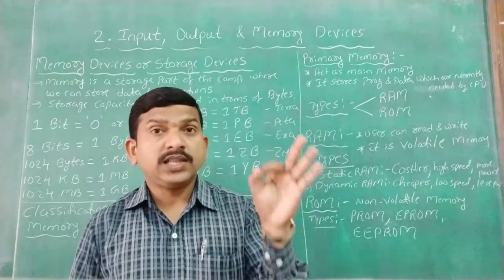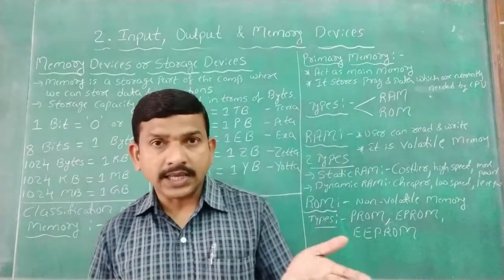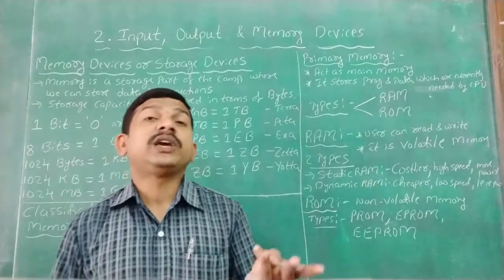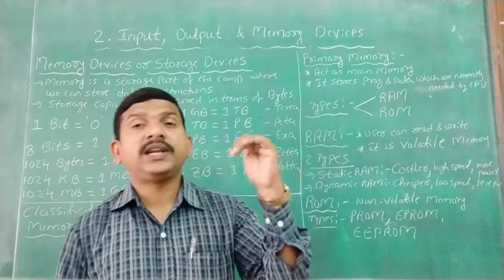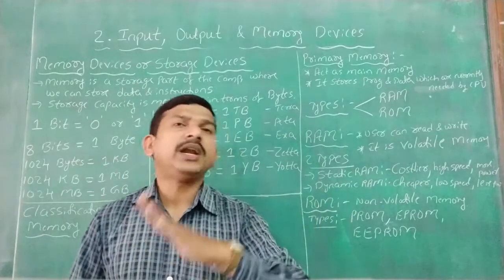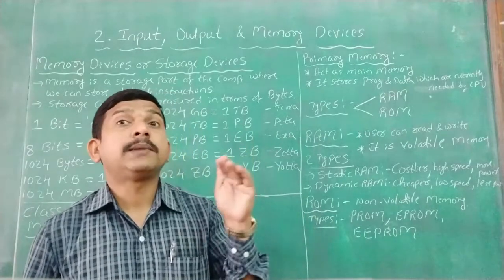To store the data or instruction, we require memory devices. The device which we are using to store the data is nothing but a memory device. Memory and memory devices are almost the same. So memory is nothing but a place.